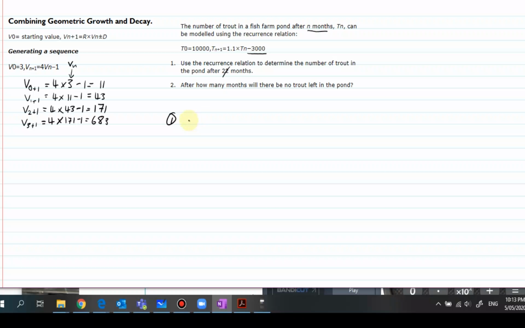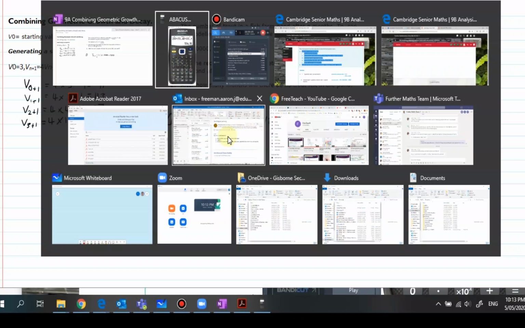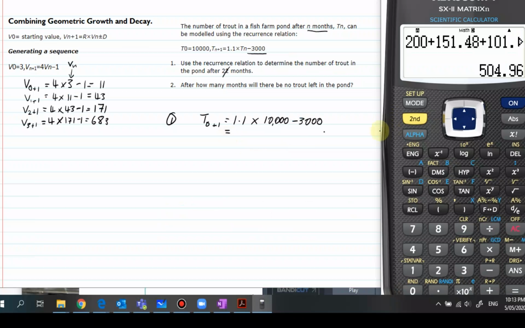So question 1. After 2 months, T1, so month 1, T1 is going to be equal to 1.1 times T0, which is 10,000, minus 3,000. Jump over to the calculator.